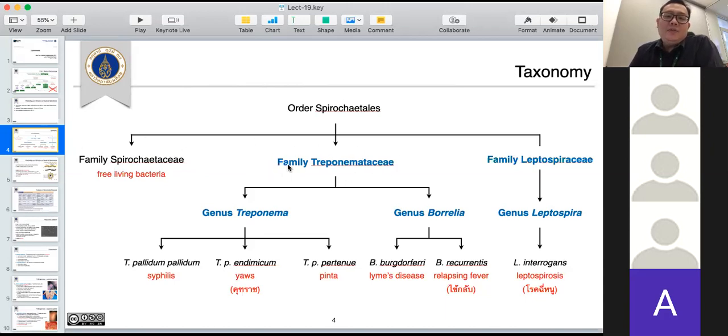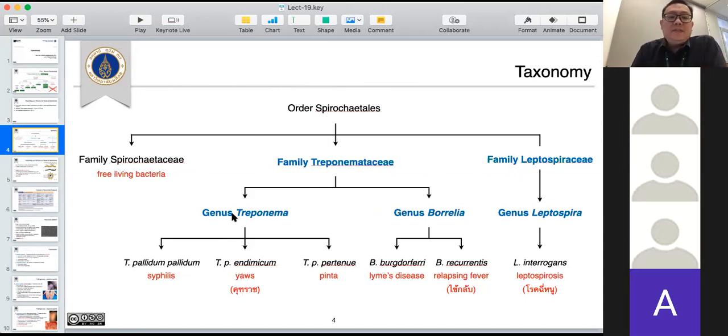The family Treponemataceae contained the genus Treponema, the genus Borrelia, and the genus Leptospira. But now the genus Leptospira has split from this family to be a new family named Leptospiraceae. So we talk about two genera first.